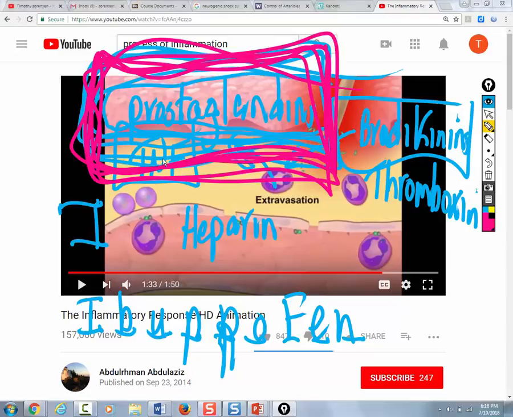Is ibuprofen stronger or better at inhibiting the prostaglandins than Tylenol? Not centrally. Tylenol's better. I just feel like whenever my kids have a fever, ibuprofen always takes it down.